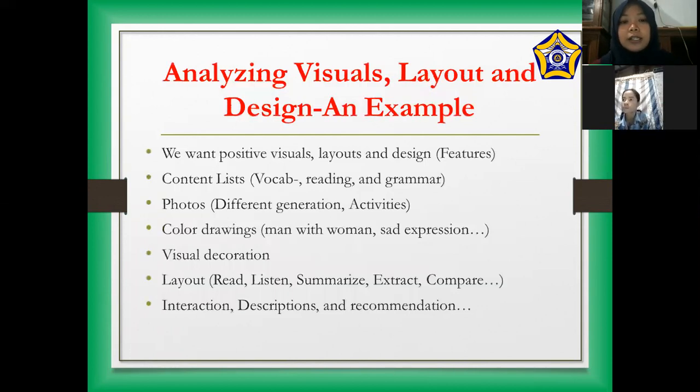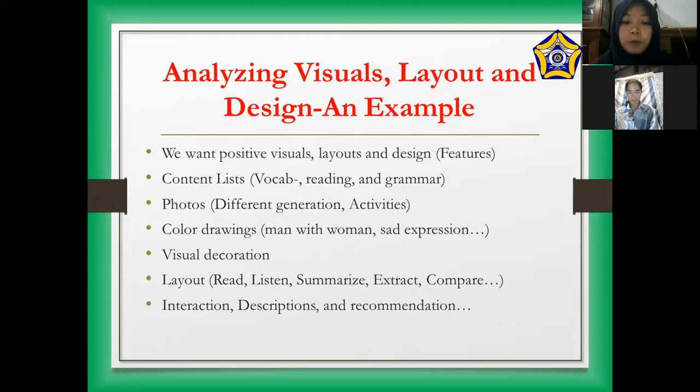And how do we analyze visual layout and also design in this example? We want to analyze visual layout and design, and it can be found in the features. For the content list, such as vocab, reading, and grammar, we can analyze the content by the vocab, reading, and also grammar.